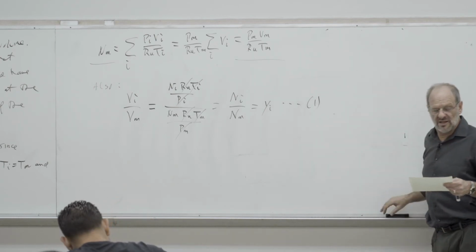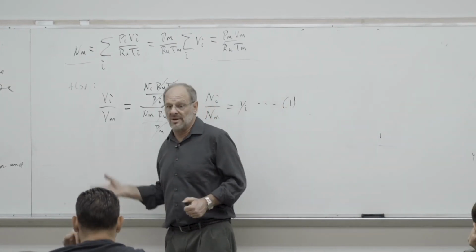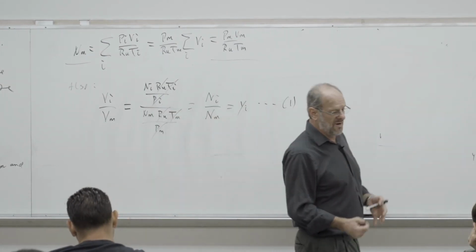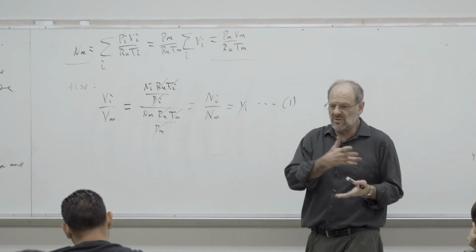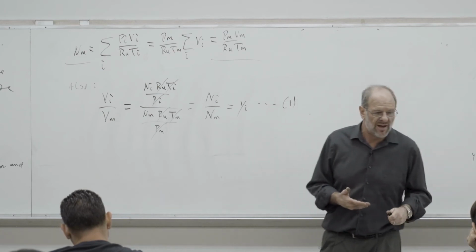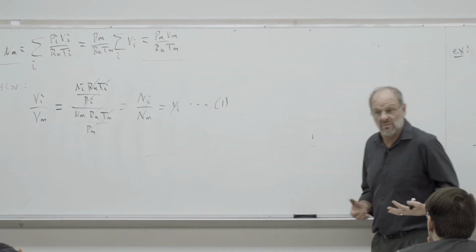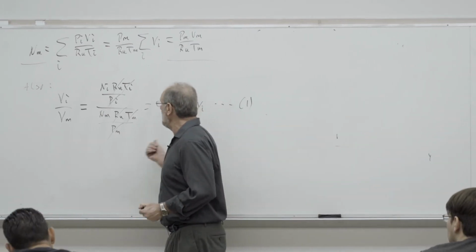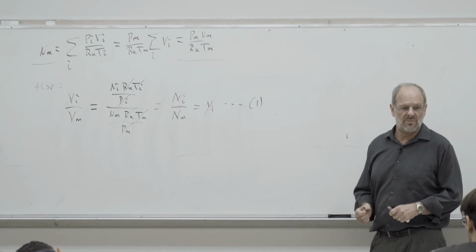So this comes directly from Amagat's law of additive volumes. Now, why is this important? Well, this tells us that volume fractions for ideal gases equals mole fractions. In fact, that's what I just mentioned a few minutes ago with regards to air, right? I just kind of mentioned it in passing at the time, but now we recognize that it's indeed true. If we can figure out the mole fractions, they're going to be the same as the volume fractions.